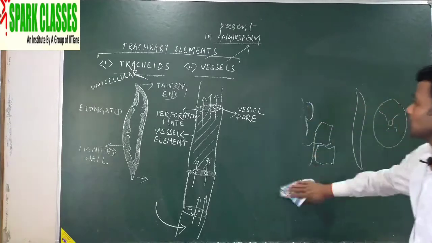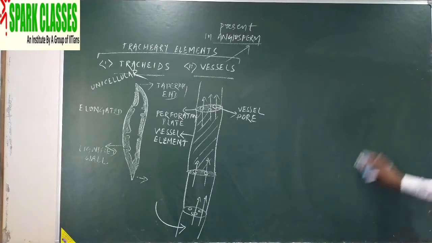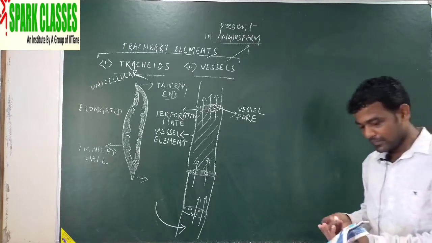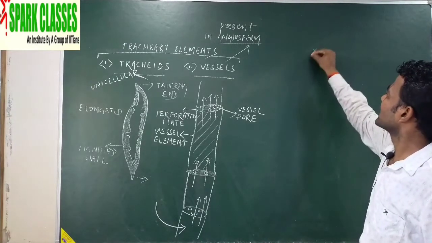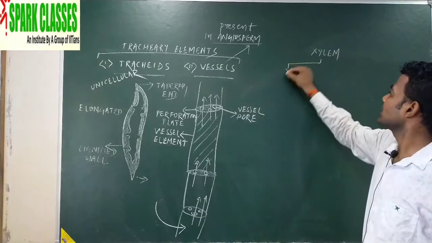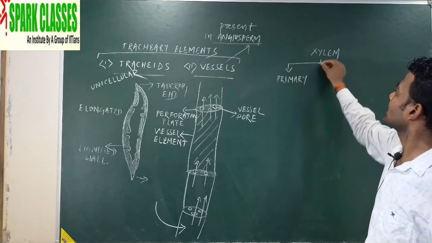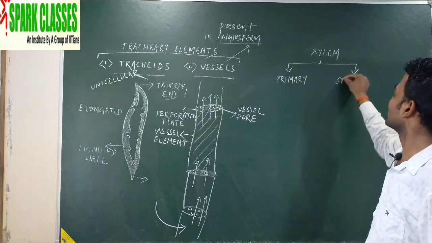Okay, so if you come to xylem, there are two types again. Xylem tissue is of two types, one is primary xylem, another is called secondary xylem.